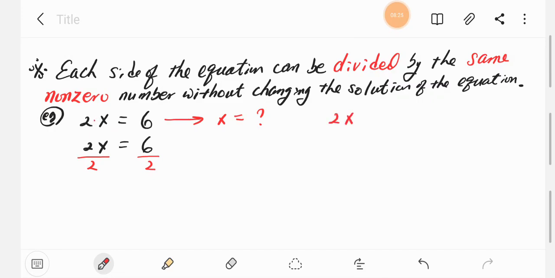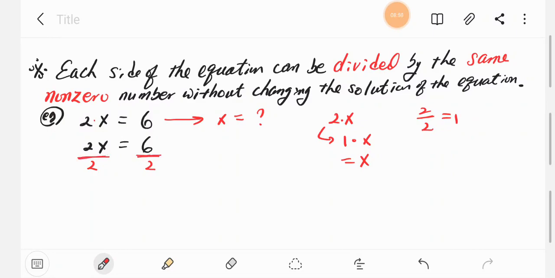Do you remember 2 over 2 is equal to 1? If you make it 1 times x, then this is x, isn't it? So let's make it 1 times x so that it becomes x. Since 2 over 2 is equal to 1, we can divide each side by 2.